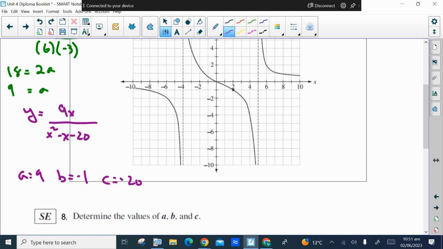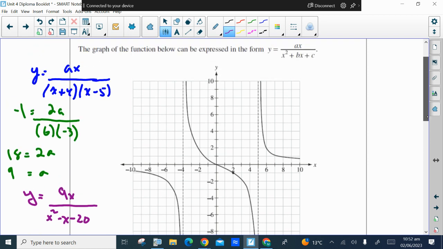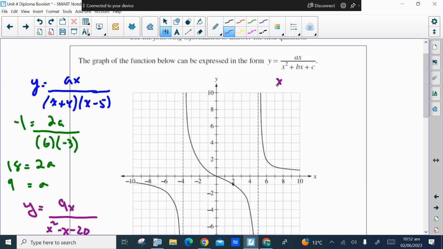This would not be a numerical response question because there's no place to bubble in negative signs on the scan sheet for numerical response. If you get a negative answer for a numerical response question, your answer is wrong. The only way that would work here is if instead they said that it was x squared minus bx minus c.